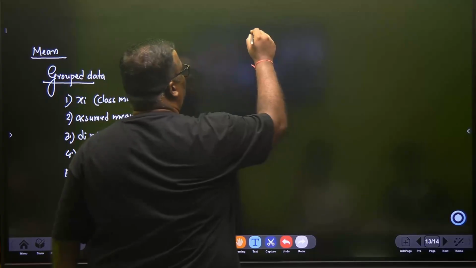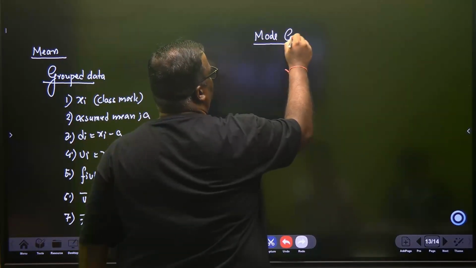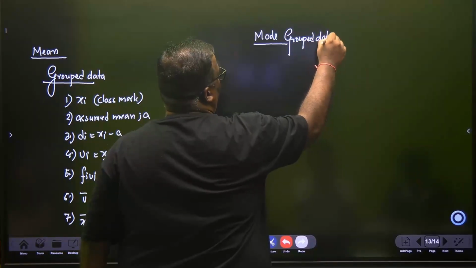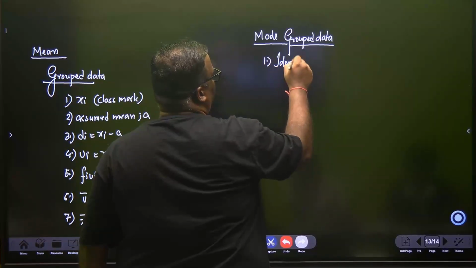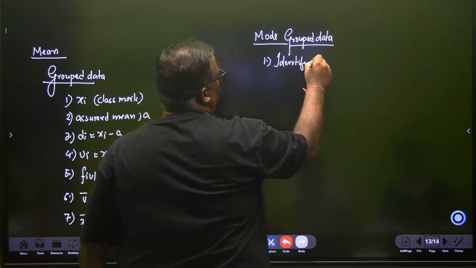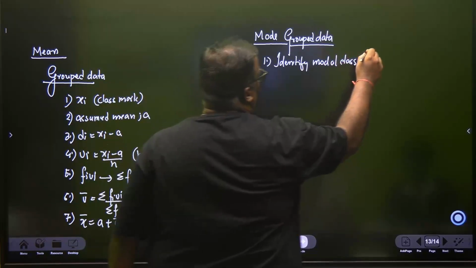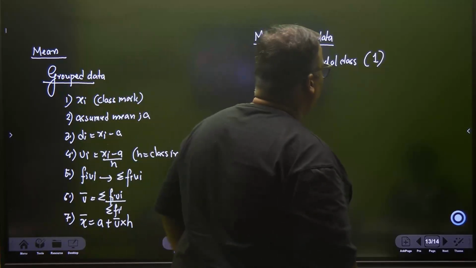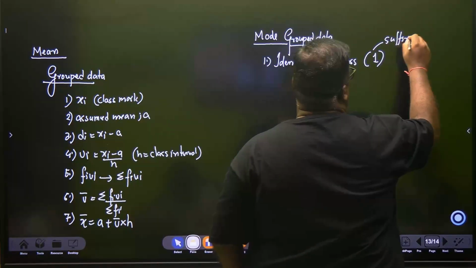If you are trying to do mode with grouped data, ये लिख लो, ये दोनों लिख लो तो आपको इजी रहेगा. नंबर 1, identify modal class. First you identify modal class, and that is your 1. 1 means 1 as a suffix.